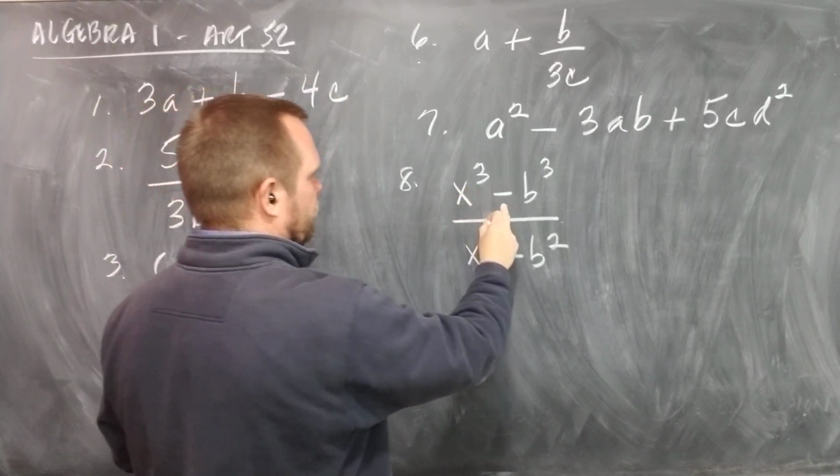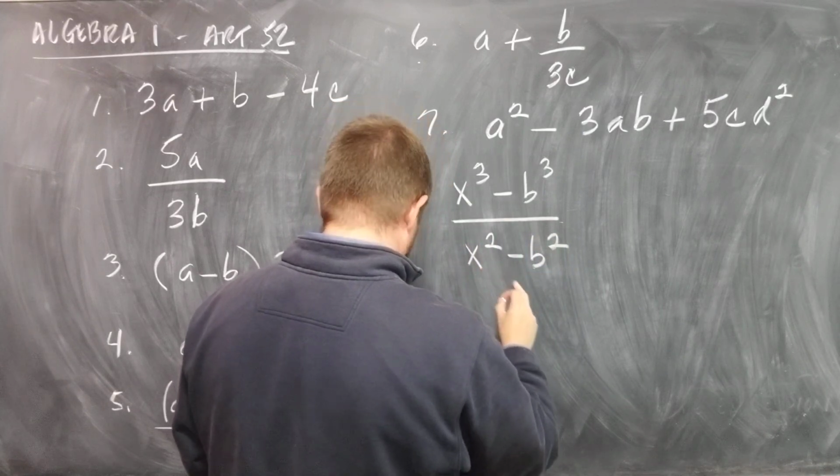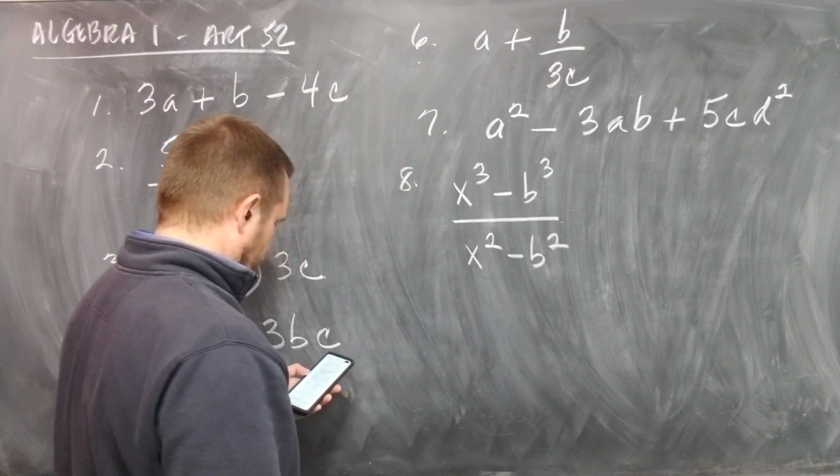X cubed minus b cubed divided by x squared minus b squared.